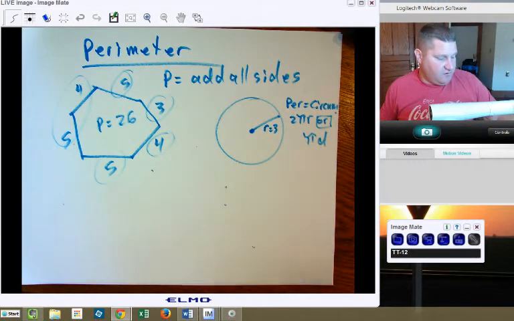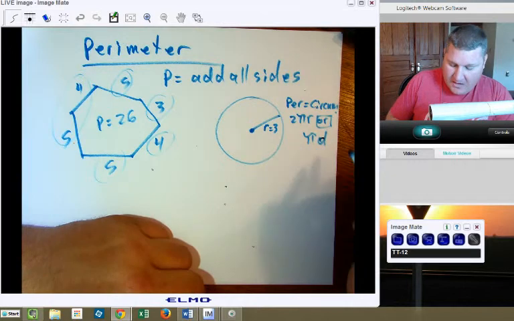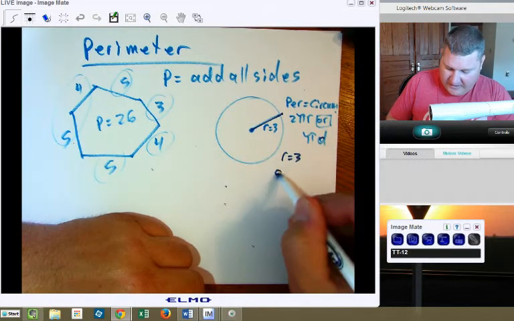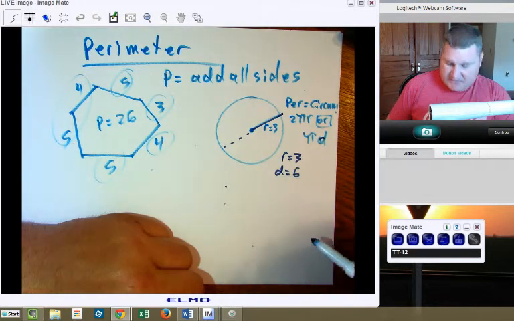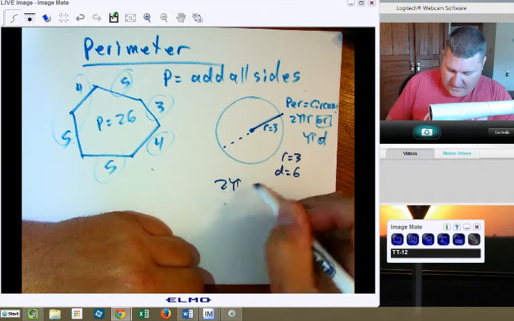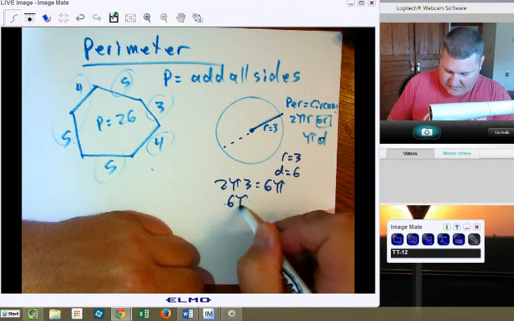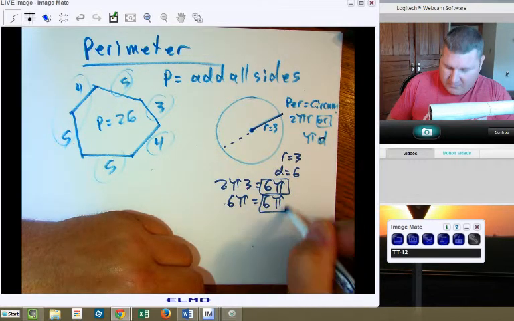Now, r is, of course, the radius. D is, of course, the diameter. And in our case, we have a radius of 3, so r equals 3, or diameter would, of course, be double that. Diameter is going to be 6. So I'm going to say 2 pi 3, which is 6 pi, or 6 times pi, which is 6 pi. In either case, that is your perimeter.